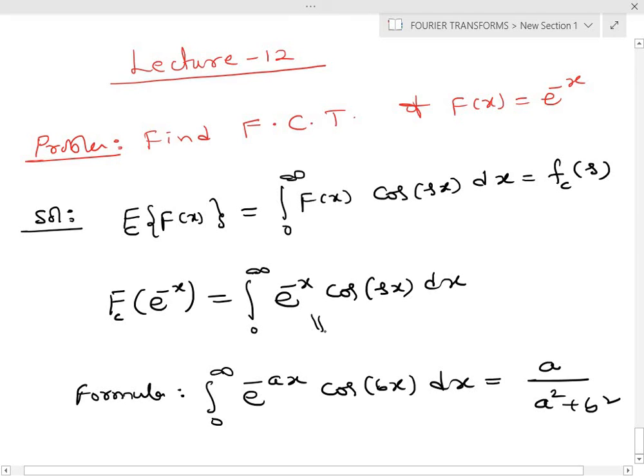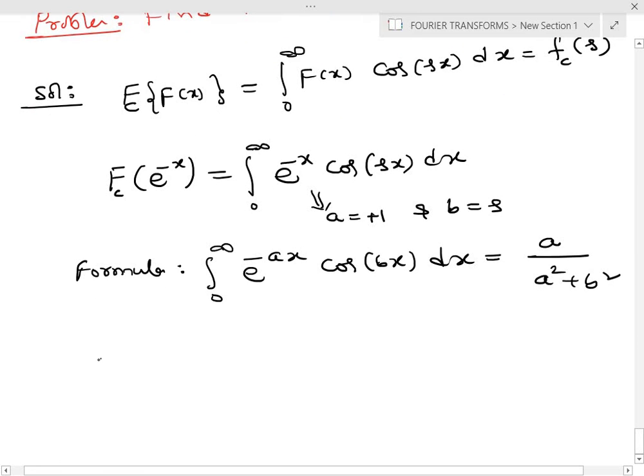Here in place of a, 1 is there, and in place of b, s is there. So the Fourier cosine transformation of e power minus x will be 1 divided by 1 plus s square.